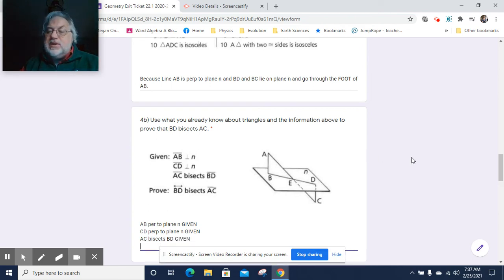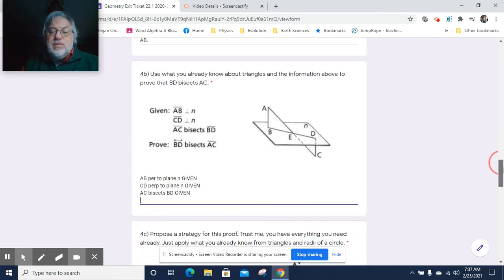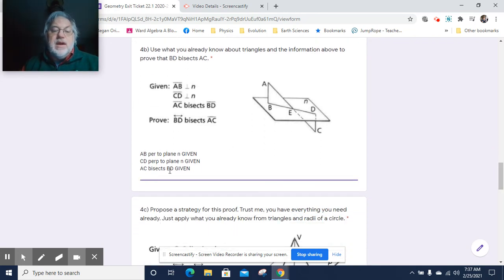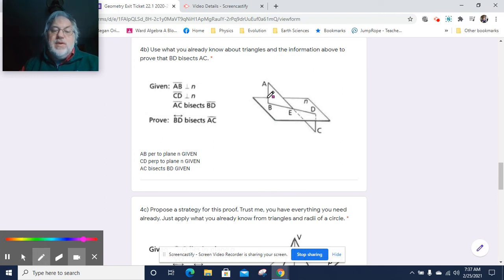Okay, now I'm going to scroll down a little bit so we have some room to work. Now, let's label the stuff we've got given. We know that's a right angle. We know that's a right angle. We know that AC has bisected BD, so we can now say BE is congruent to DE.